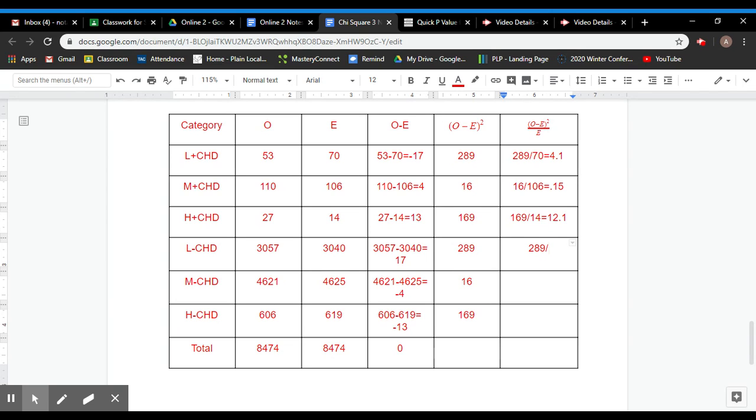289 divided by 3040 equals 0.09. Actually, just 0.1, we'll round it. 16 divided by 4,625.